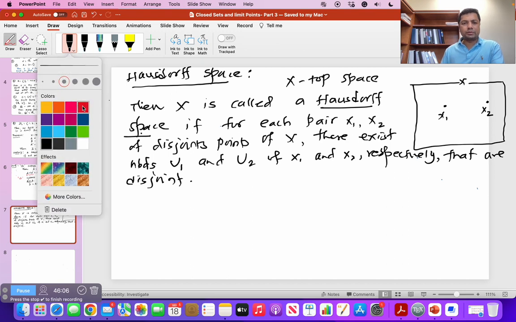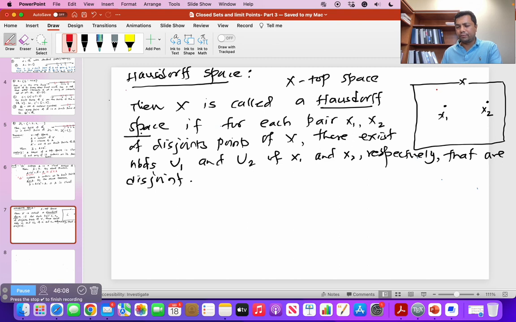A topological space X is called a Hausdorff space if for every pair of distinct points like x1 and x2, there exist disjoint neighborhoods. Let's say this is U1, the neighborhood of x1, and this U2 is the neighborhood of x2, and they are disjoint.